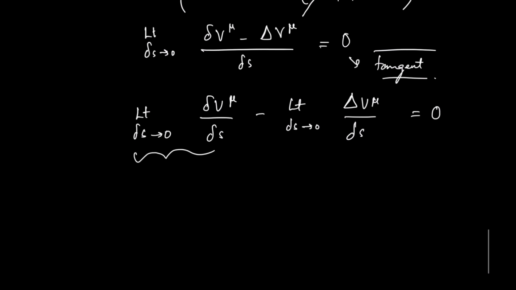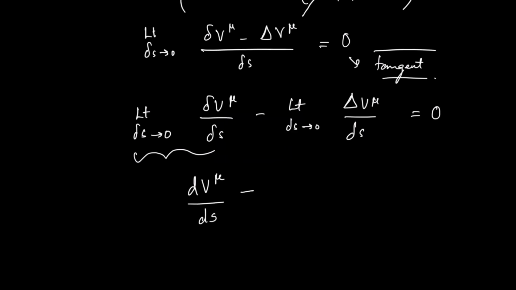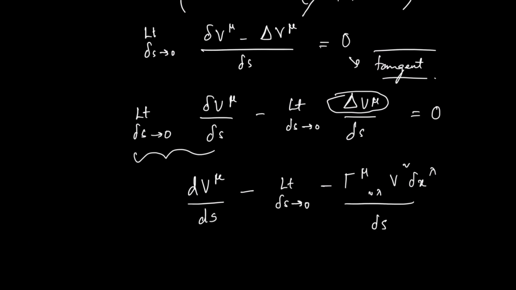So the first term will be dV mu by ds minus limit delta s tending to 0. Now I have to substitute for the change delta V mu. Delta V mu is minus Christoffel symbol mu nu lambda V nu del x lambda divided by delta s. Now this is equal to 0.